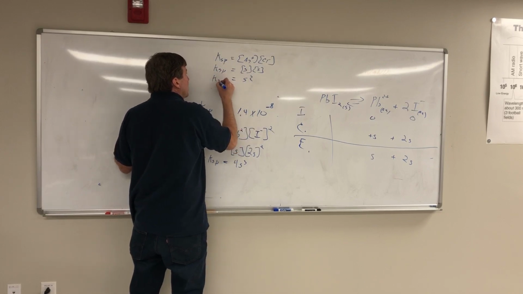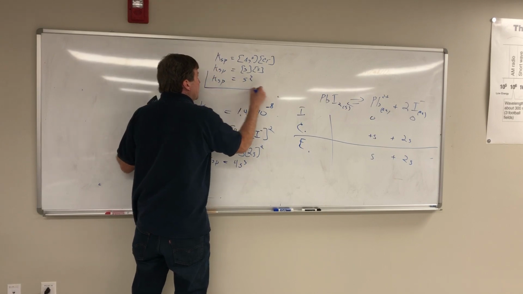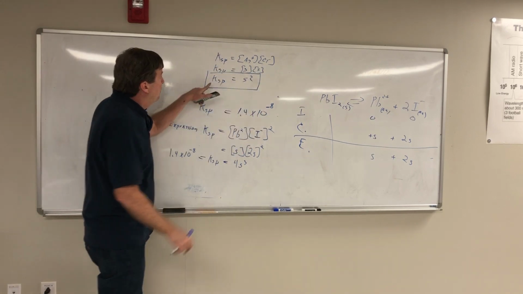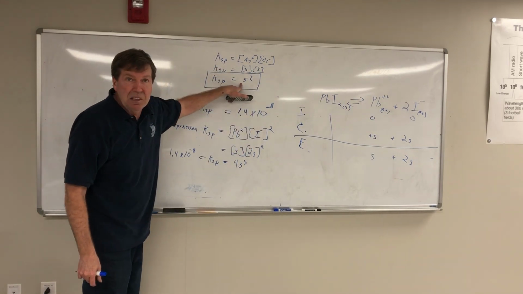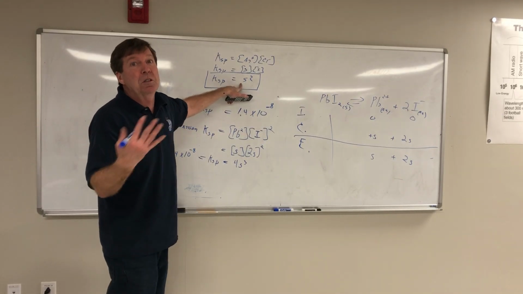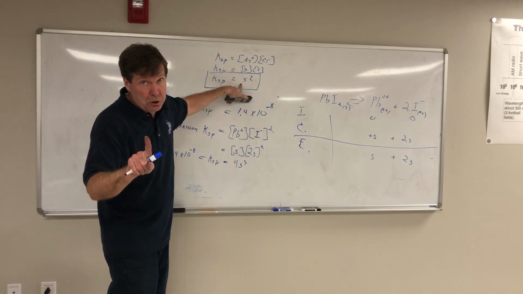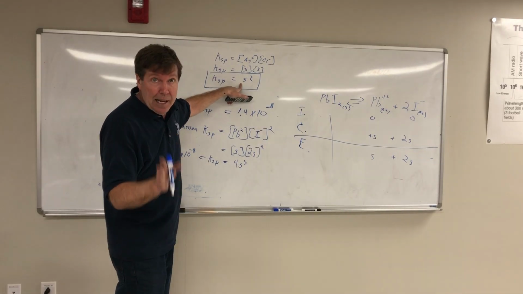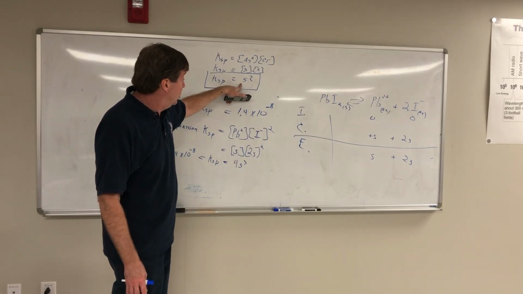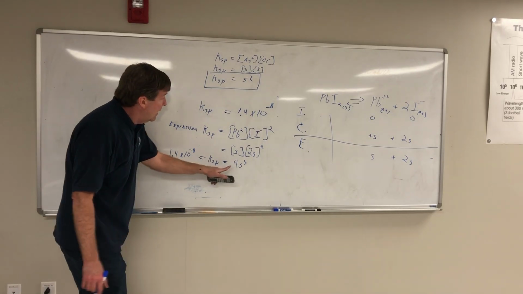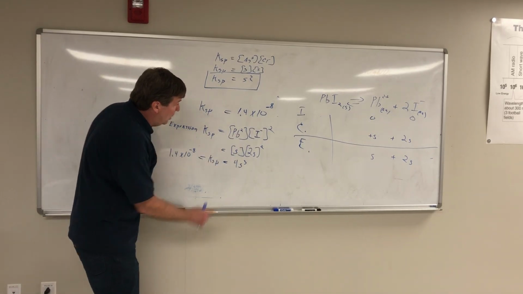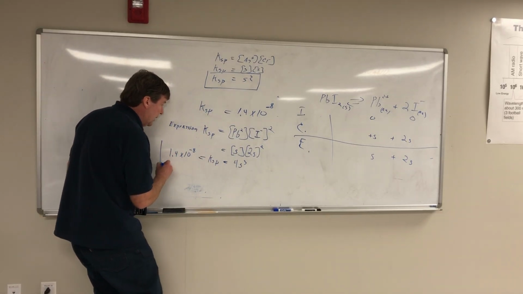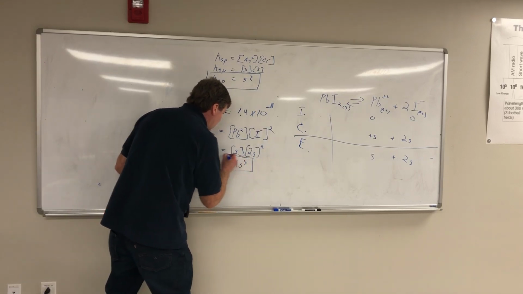So notice you can use this simple formula here, plug in the KSP, and then solve for S for any precipitate in a saturated aqueous solution that ionizes in a 1 to 1 relationship. And if it ionizes in a 1 to 2, notice this is awfully handy.